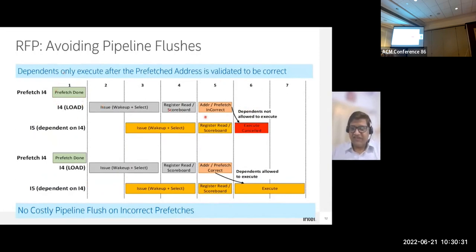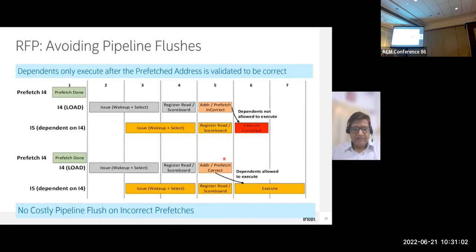In cycle 5, when the load address is computed, we see that the prefetch was incorrect. In such cases, the speculative issue of the load dependent is cancelled. Note that the dependent was only speculatively issued and had not yet executed. Thus, no pipeline flush is needed.